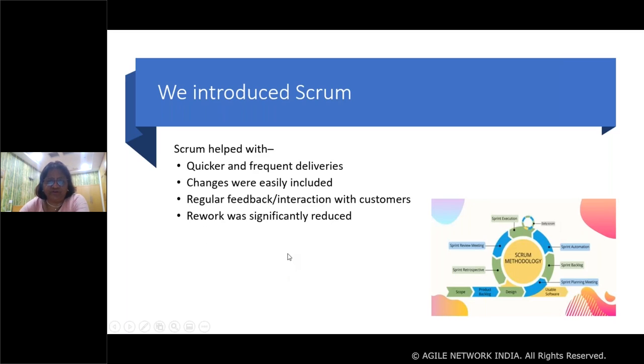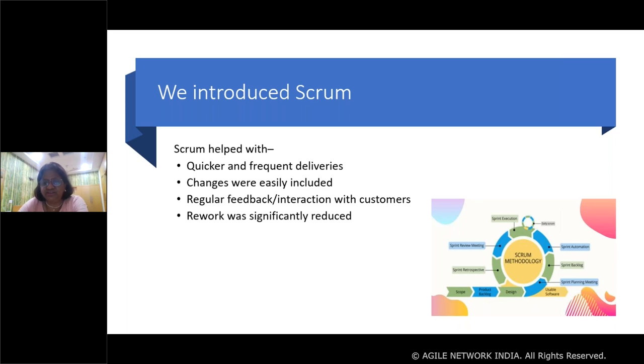So after trying several things, one of the things we decided to do was use Scrum. In some of our projects, we started Scrum as a pilot. With the introduction of Scrum, we converted all the requirements into user stories.